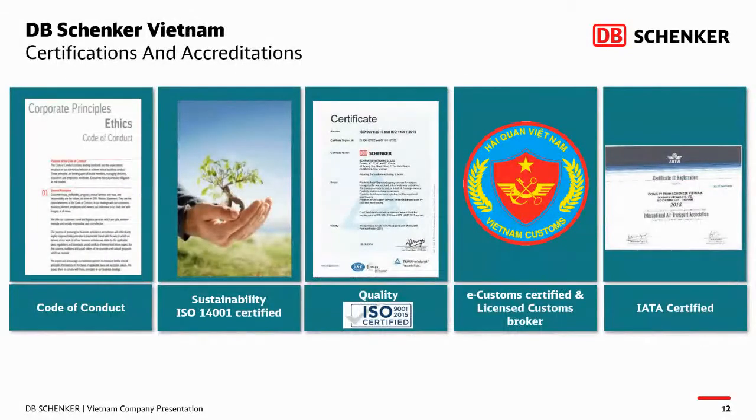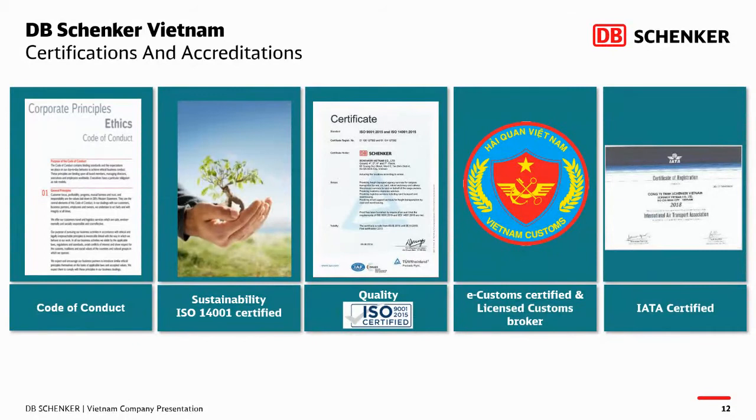So just for reference, in order to approach global key accounts, deliver solutions and handle business, Schenker, as one of the international freight forwarders, often needs to gain certificates like the code of conduct, the ISO 14000 environment, the customs brokerage certificate, the ISO quality, and also the IATA certificate.